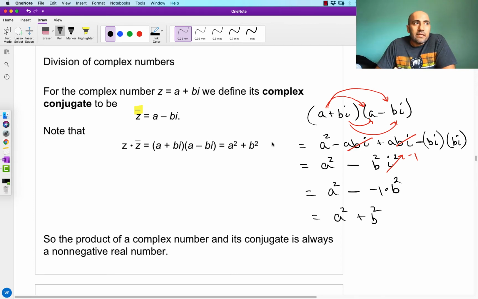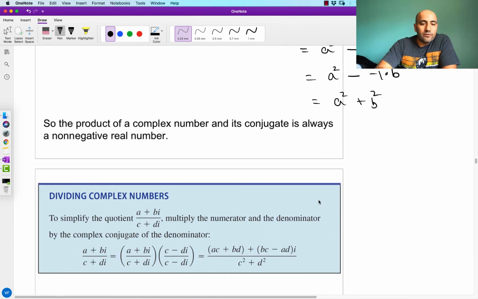It's just that the imaginary part of the complex number is going to be 0, right? So the product of a complex number and its conjugate is always a non-negative real number. A non-negative, that's another part of this. Since this squared plus this squared is going to be some non-negative value, right? Okay, so let's see how that's useful.